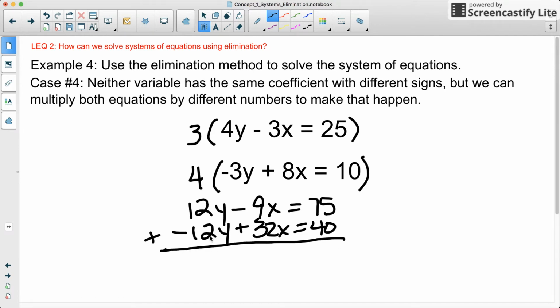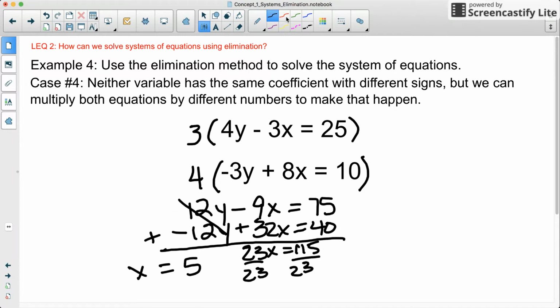Positive 12y minus 12y gives me 0. So then I'm going to combine my x's. Negative 9 plus 32 gives me 23x. And 75 plus 40 gives me 115. When I divide both sides by 23, I end up with x equals 5.